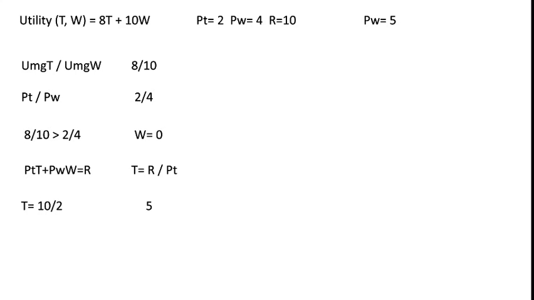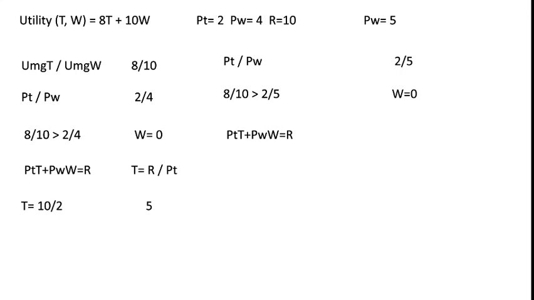Now the price of water goes up to 5. The price of T divided by price of water changes. In this case 2 divided by 5. The marginal utility ratio is still greater than the price ratio. Furthermore, W equals 0.